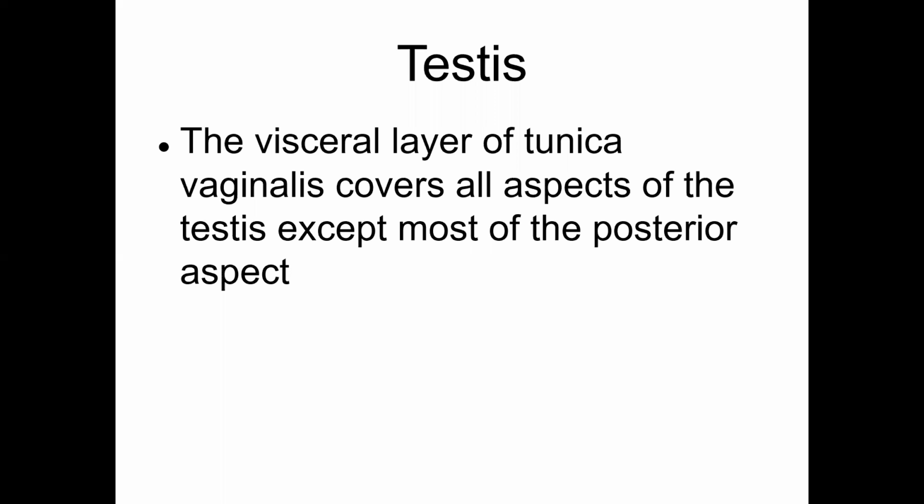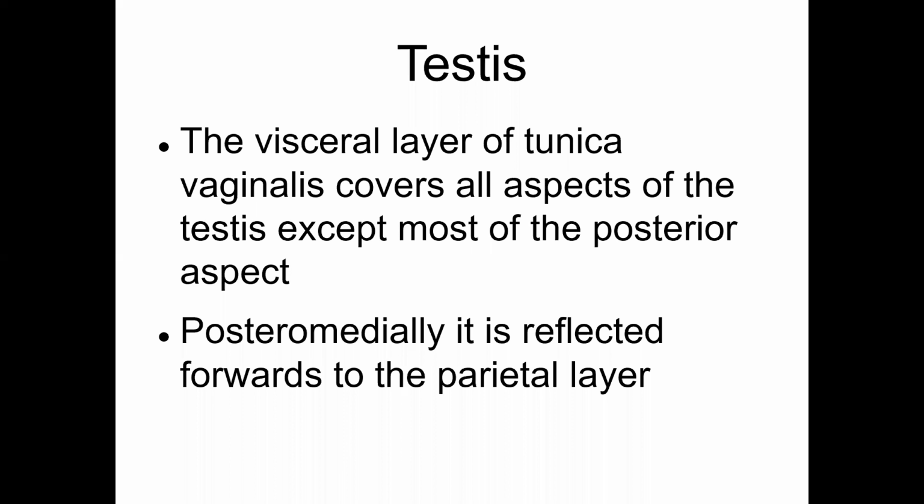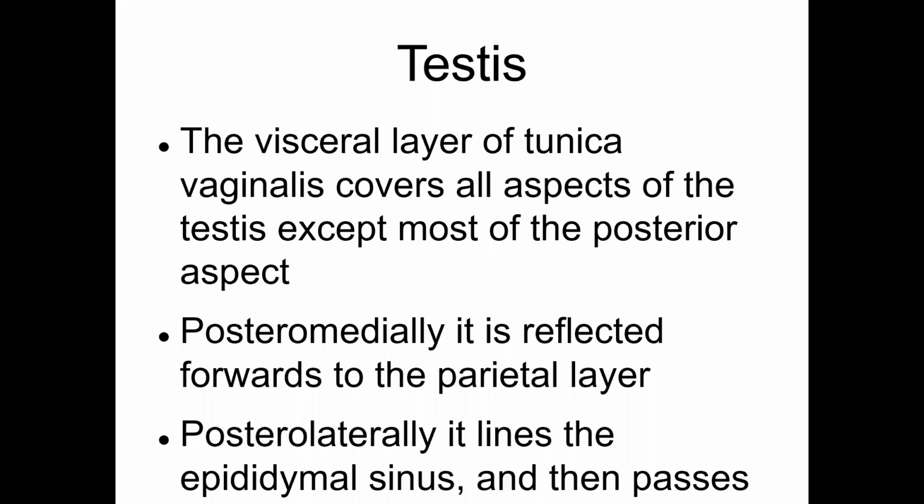Although there is no mesotestis, like some of the abdominal organs have a mesentery, the deficiency of the posterior aspect is to allow the blood vessels and the nerves to enter the testis. Posteromedially, the visceral layer is reflected forwards to the parietal layer. Posterolaterally, it lines the epididymal sinus and then passes anteriorly.